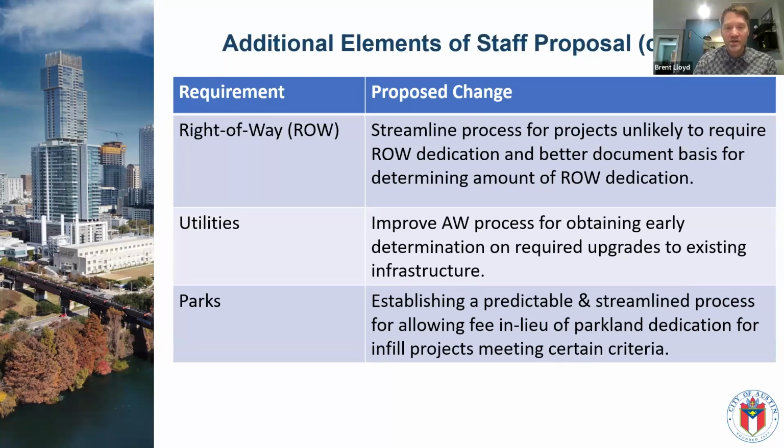I do want to emphasize that, as Matt said, this proposal does not increase density. So it's decidedly a non-zoning set of amendments. So there are no increases in density provided.